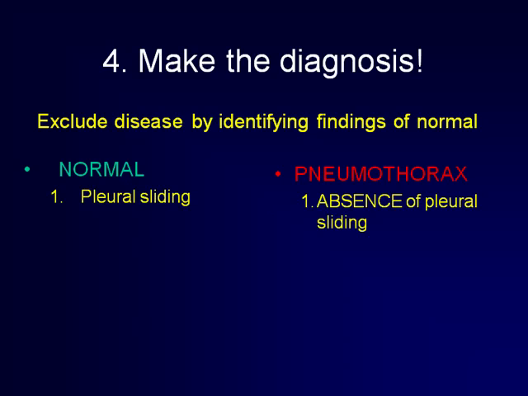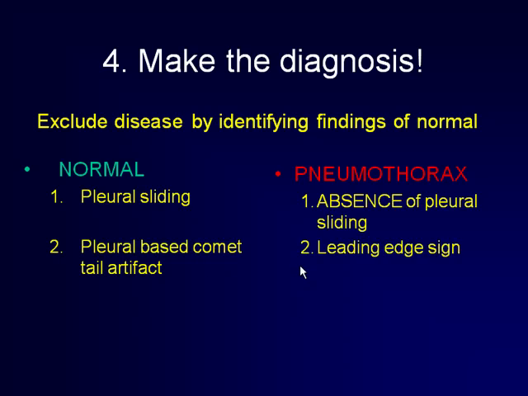In a normal non-pneumothorax lung, it might be possible to identify pleural-based comet tail artifacts. We'll discuss these at much greater length in the lecture covering abnormalities of the lung, but they are actually helpful occasionally in the pneumothorax exam. And then there's also the possibility of identifying the leading edge sign, which rules in pneumothorax.